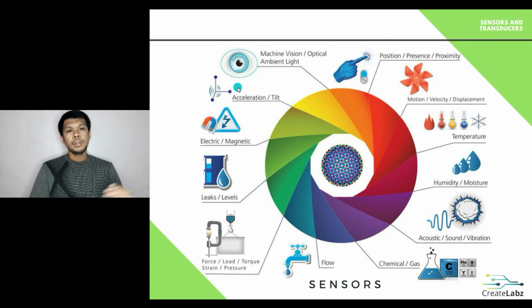If, for example, you're building a drone, you need an accelerometer to measure the movement, maybe a gyroscope to measure the tilt. If your application is measuring the power consumption of a building or a house, then you will need an electrical sensor like a power sensor, current sensor, or voltage sensor.